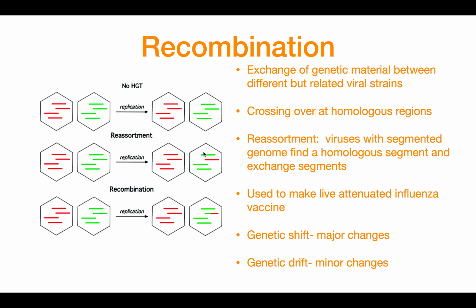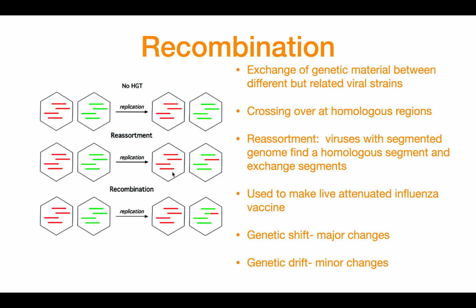Recombination is an important distinguishing feature from reassortment because this is an exchange of genetic material between different but related viral strains. So there is crossing over. There is actual recombination within a region of DNA.